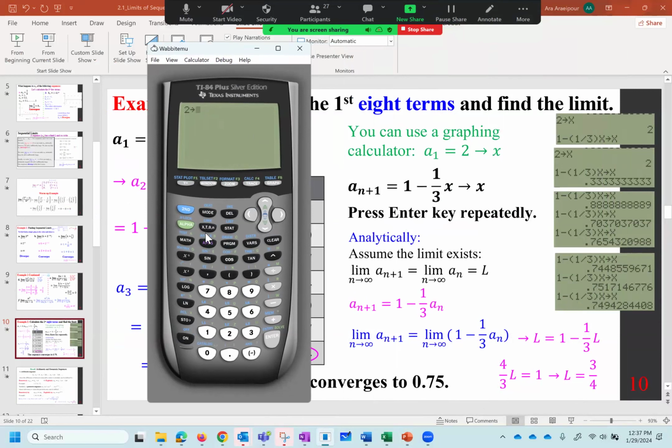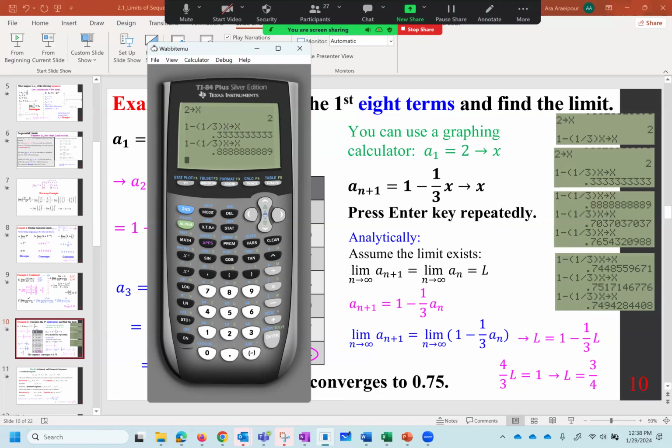We store it into x. Enter. And then 1 minus 1/3 x, store it in x. 1 minus the parentheses 1 divided by 3, close parentheses, x, stored in x. Enter it, and look at our number 0.33 here.